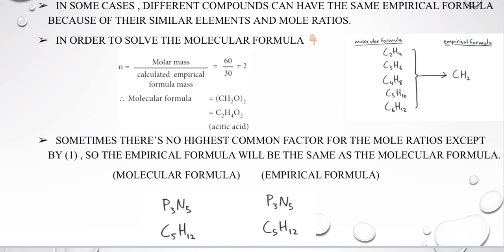And also in the second example, C5H12, as you can see, there is no highest common factor except 1. So after dividing these mole ratios by 1, you get the same thing indeed. So the highest common factor is 1, and the molecular formula is going to be exactly the same as the empirical formula.